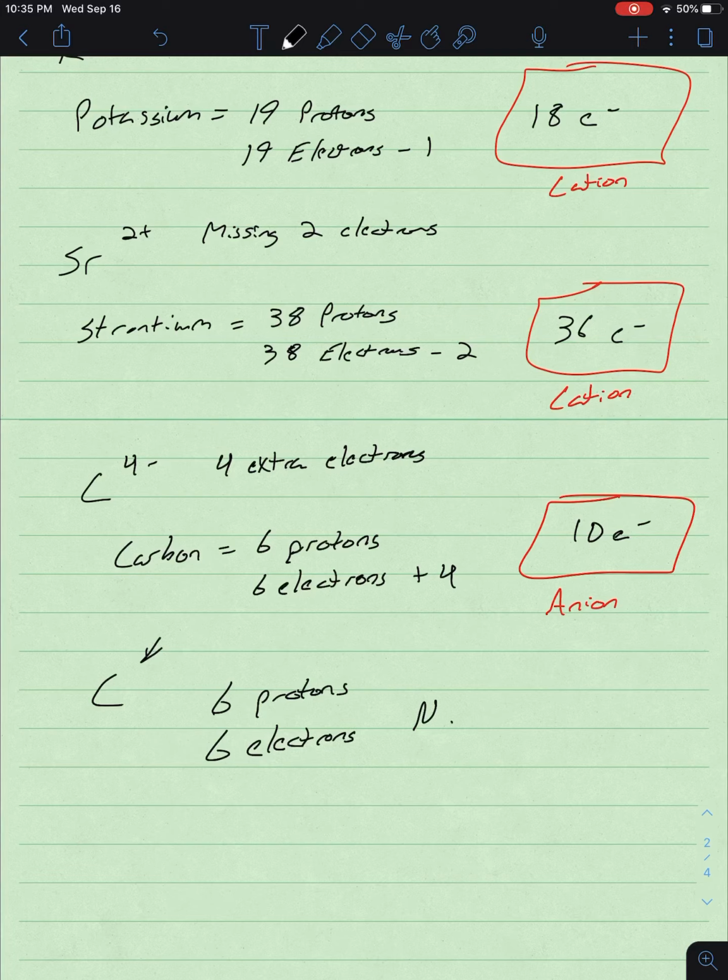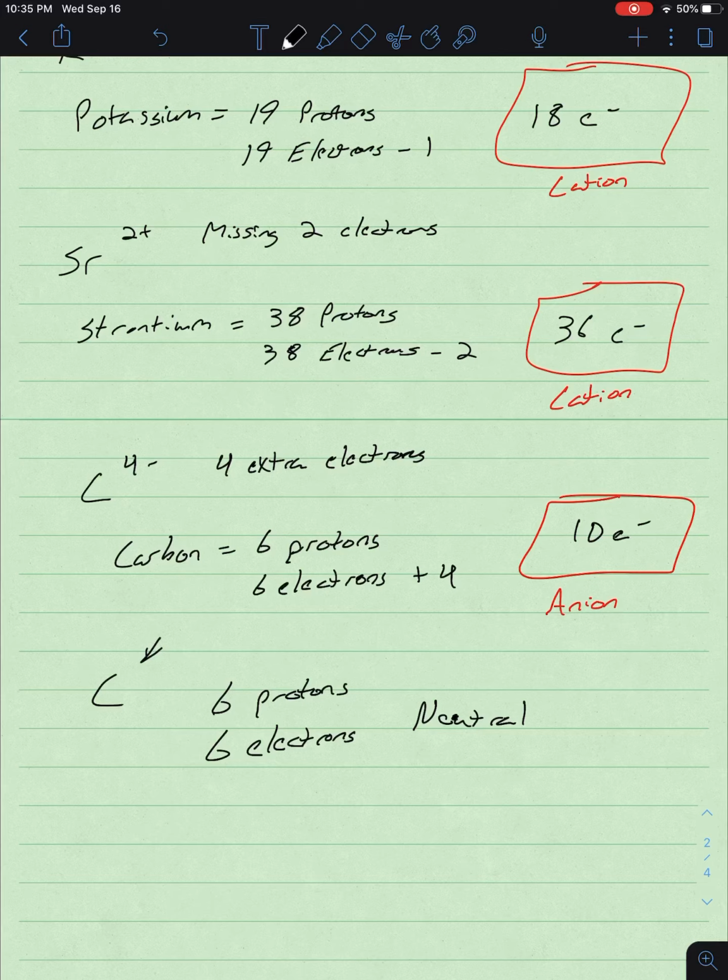This would just be considered neutral. So remember, we do not change the number of protons, we only change the number of electrons. If you change the number of protons, you are no longer dealing with that element. If I had 5 protons, I'm now considered boron. I'm no longer considered carbon, so we don't want to do that.